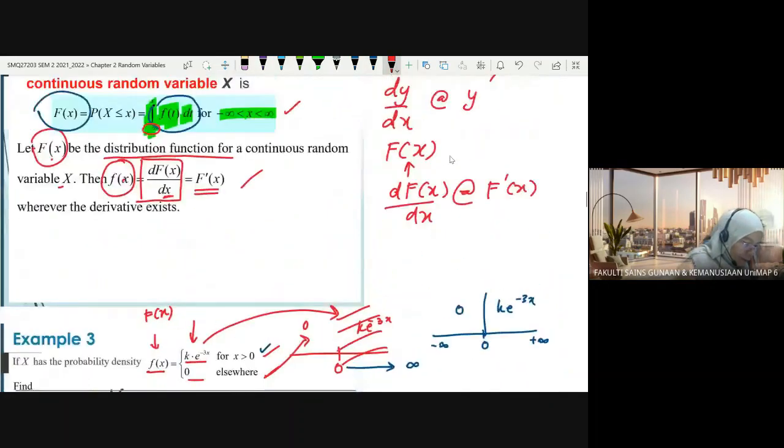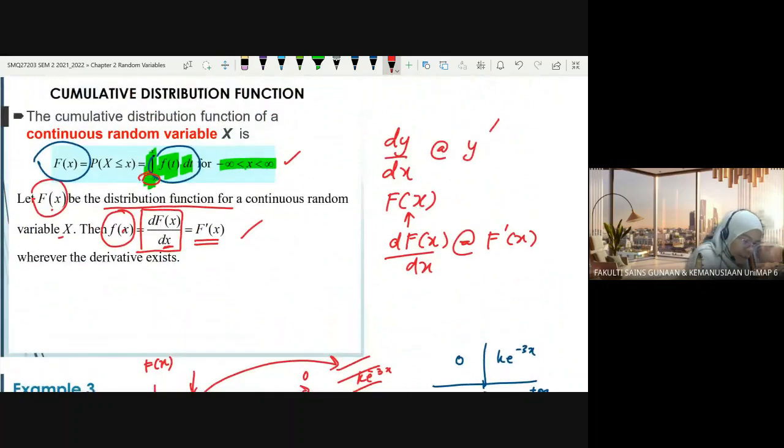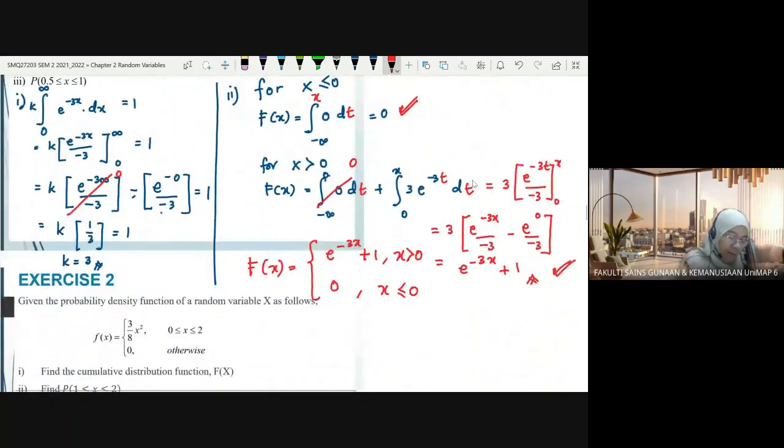Here, class, from negative infinity to x. So we follow what is given in the cumulative distribution function. Even though the condition is from negative infinity to infinity, our intention is just to find negative infinity to x in order to get what we call the distribution function. This is the distribution function.